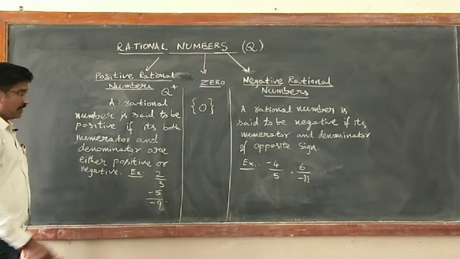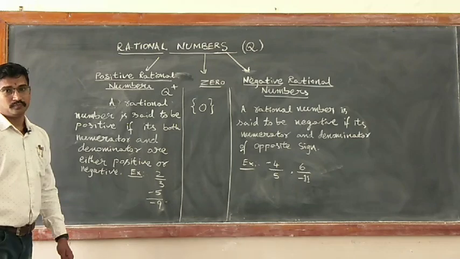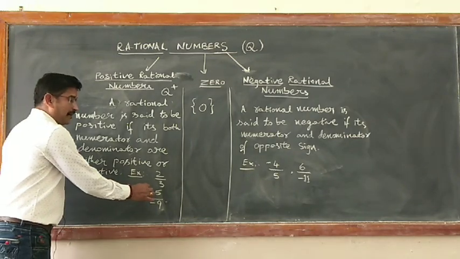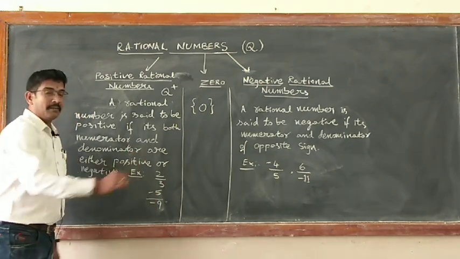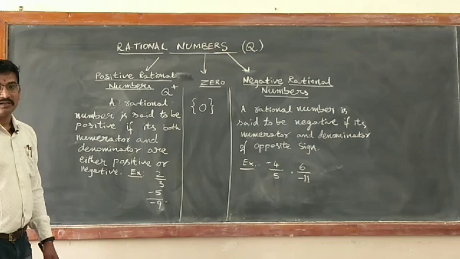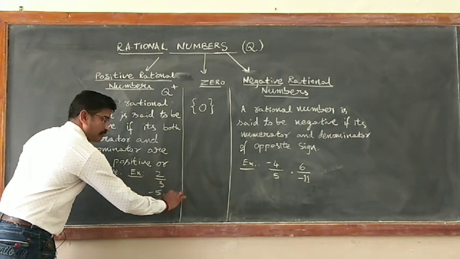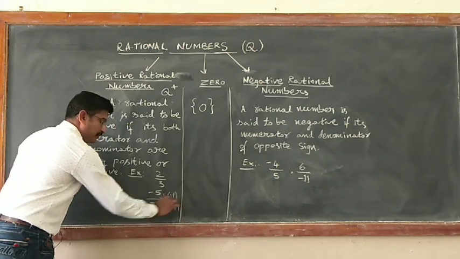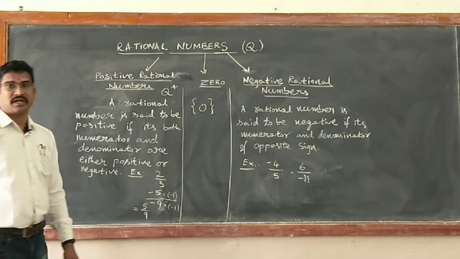What happens if both numerator and denominator are negative? It is simple: we multiply both numerator and denominator by -1, which turns this rational number into a positive rational number.